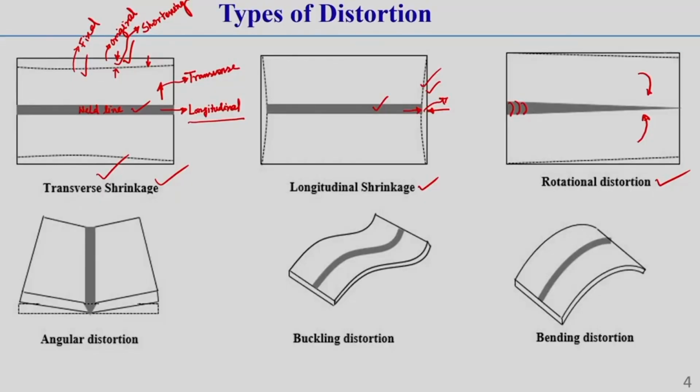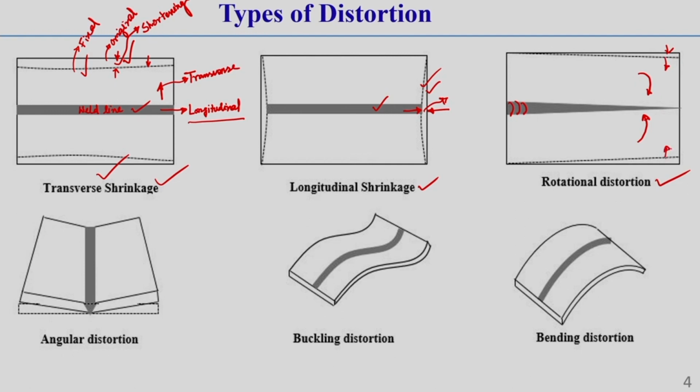Here you see how rotational distortion looks. Here you see this solid line represents the original shape of the plate. After the rotation of the plate, you see this front portion generally comes in the inward direction. Here you can see this. So, the final shape is represented as the dotted line here.